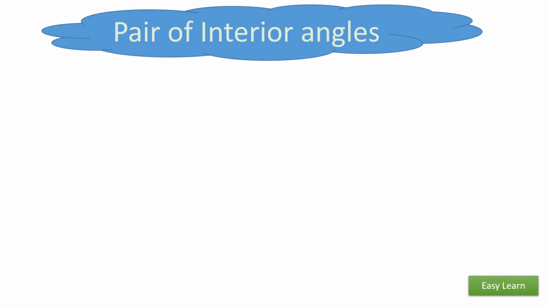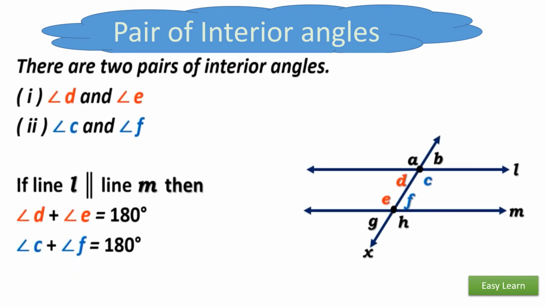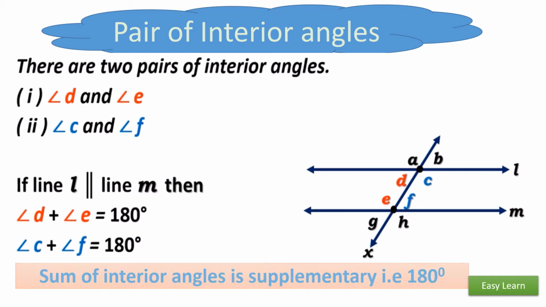The 2 pairs of interior angles are angle D and angle E, angle C and angle F, and the sum of the interior angles is supplementary, that is 180 degrees. So if line L is parallel to line M, then measure of angle D plus measure of angle E is equal to 180 degrees and measure of angle C plus measure of angle F is equal to 180 degrees.